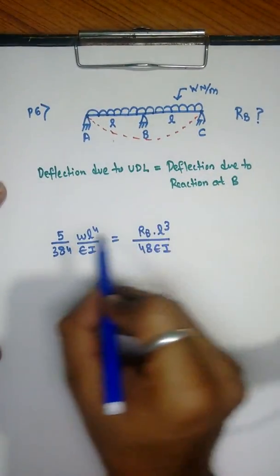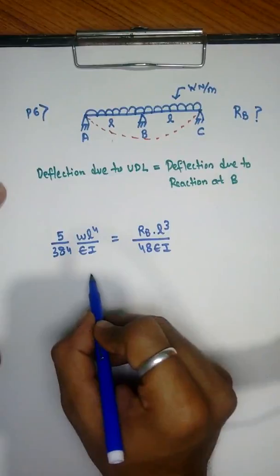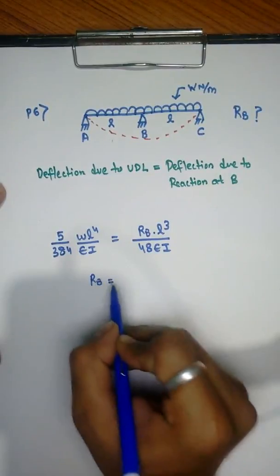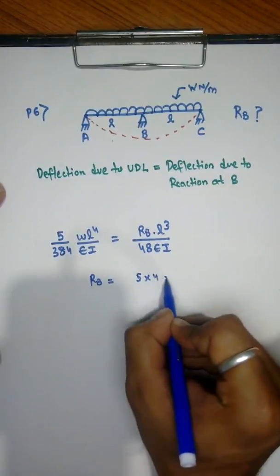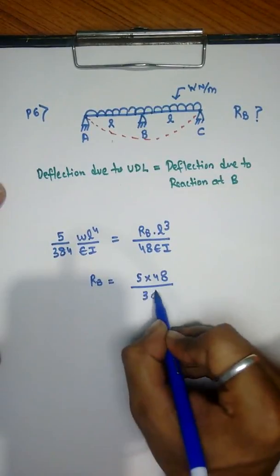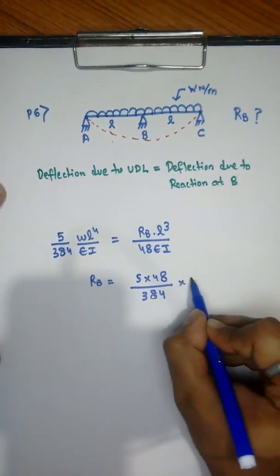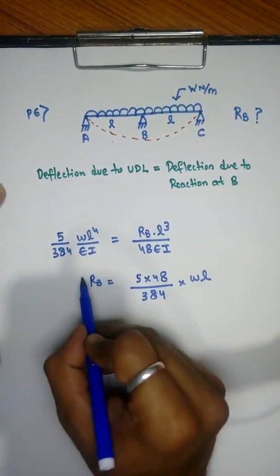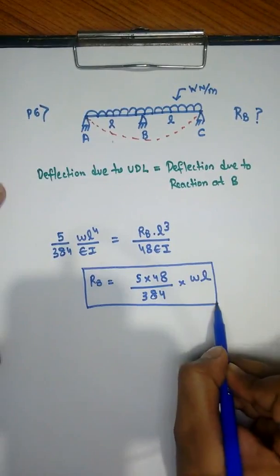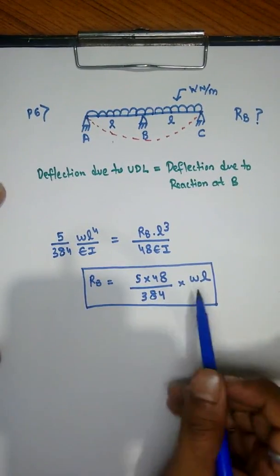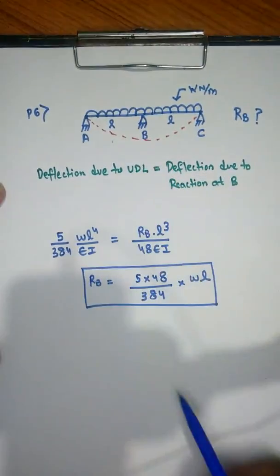From here we can easily find out the value of RB, which is 5 into 48 upon 384 into WL. So this is the value of reaction at point B.